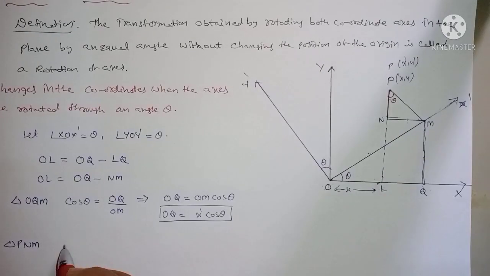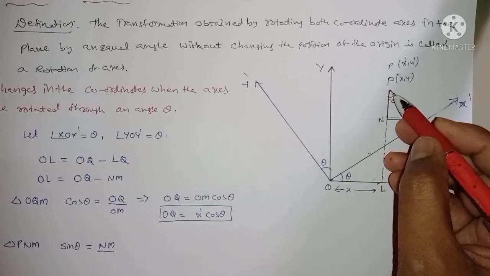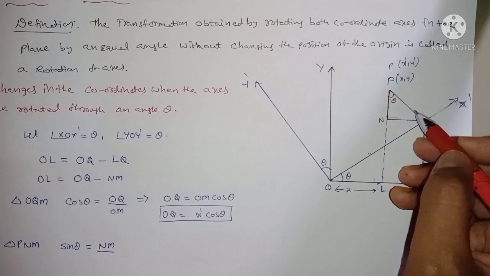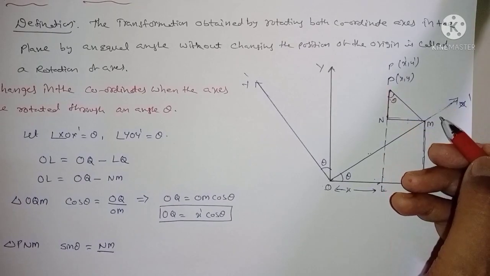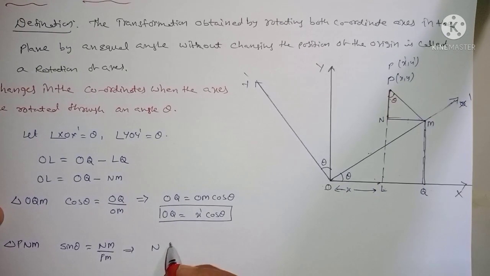Therefore you can take sin theta is equal to NM by the hypotenuse, which is PM. Therefore NM is equal to PM sin theta.